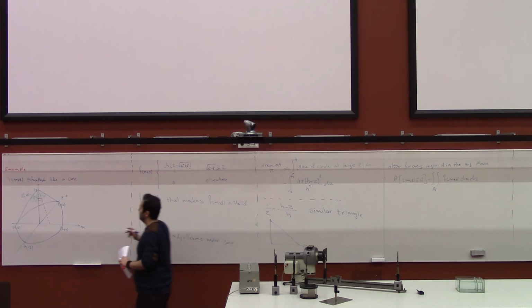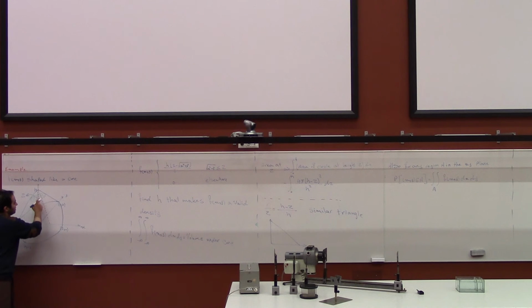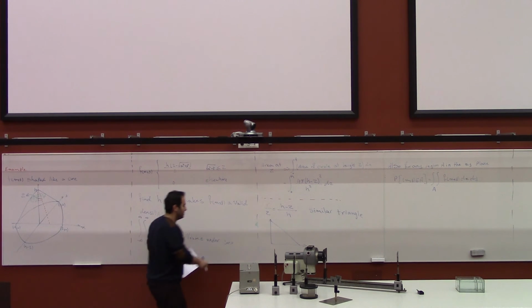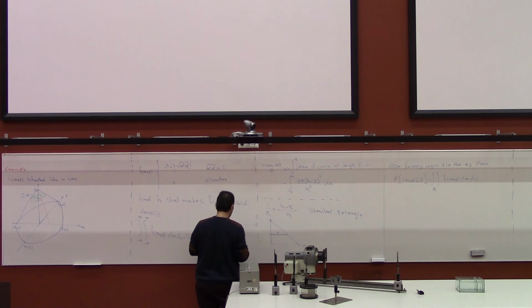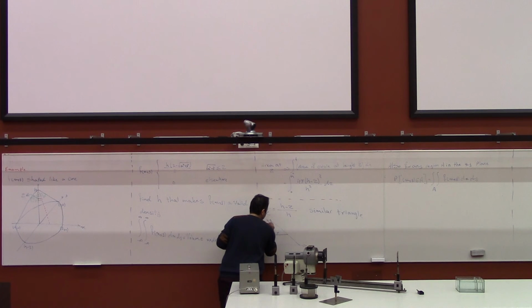We can draw a line here, then we have a triangle like this. Okay, then R is here, H is here, Z is here, then we have H minus Z here.